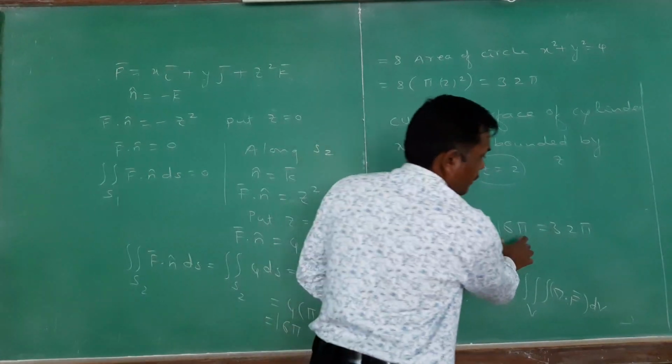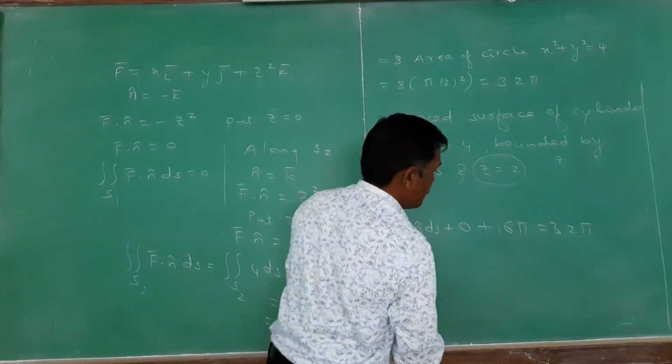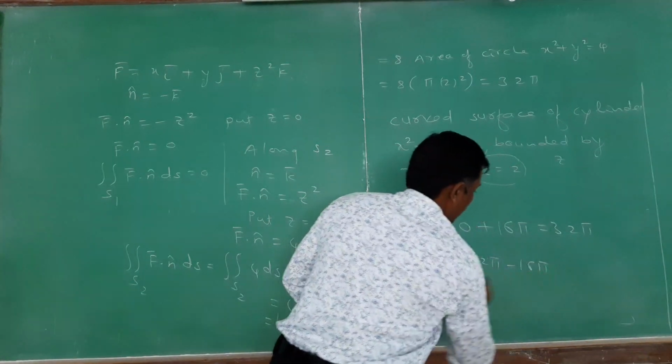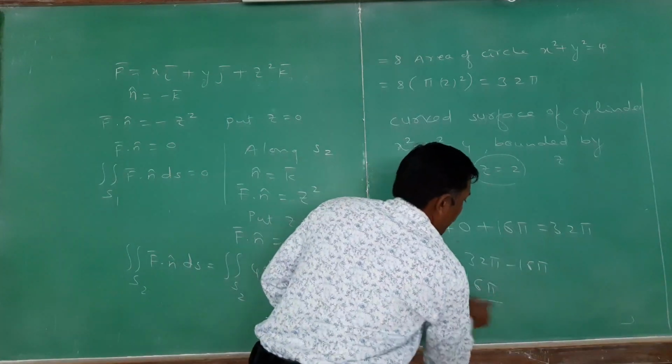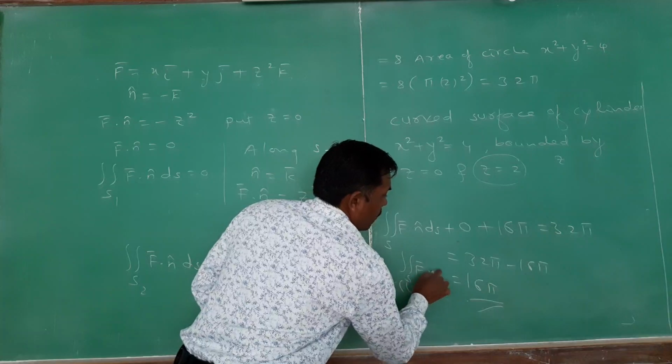Now transfer this 16 pi to the RHS and you will get your answer. It is 32 pi minus 16 pi. Our answer is 16 pi, the double integration over s of f bar dot n cap ds.